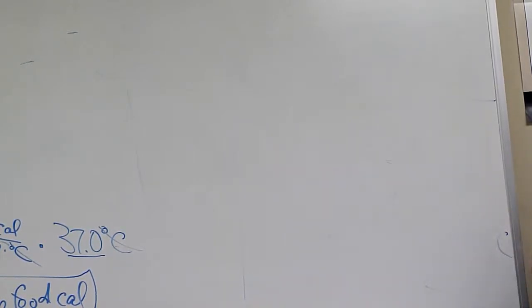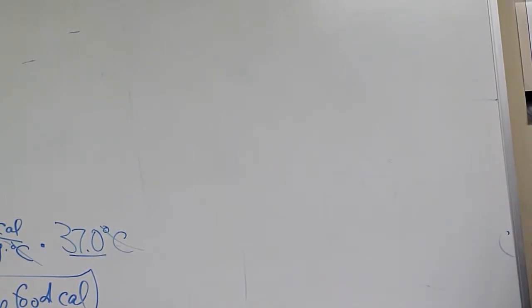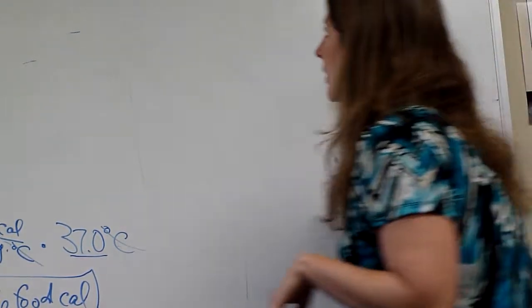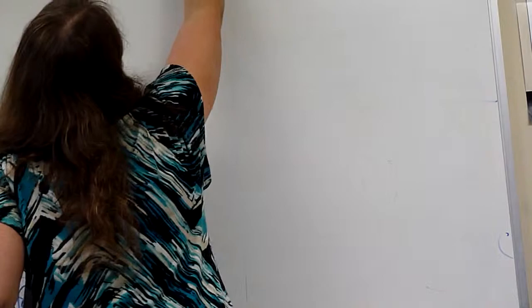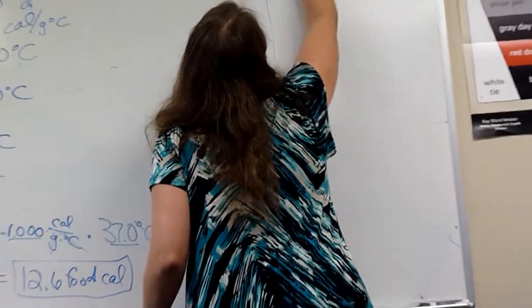When I do these, just like on those extra calorimetry problem sheets, I always make a chart. If we're ignoring the calorimeter, we only need 2 pieces to the chart: the metal or substance, if it's not a metal, but it is this time, and the water.